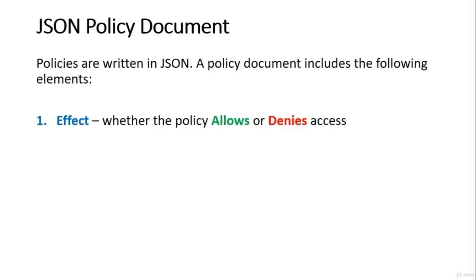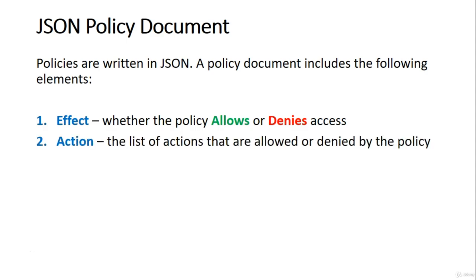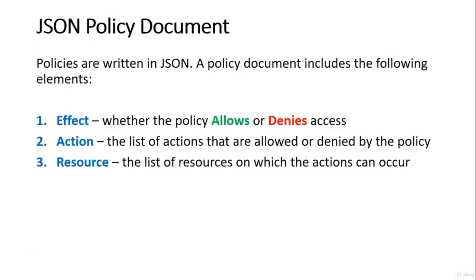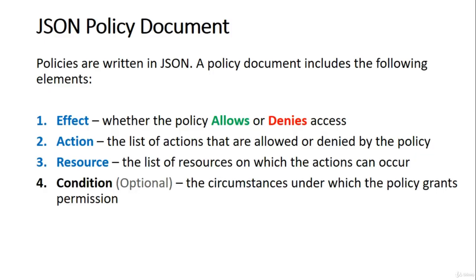A policy document includes the following elements: effect, whether the policy allows or denies access; action, the list of actions that are allowed or denied by the policy; resource, the list of resources on which the actions can occur; and finally we have an optional element as well known as condition, the circumstances under which the policy grants permission.